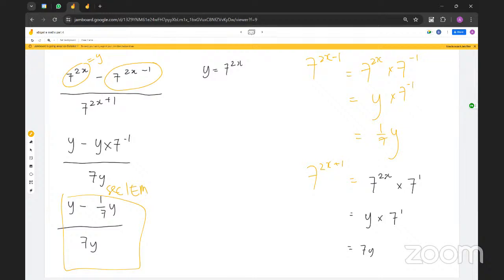Now, look at the numerator separately. What exactly is y minus 1 over 7y? Maybe you can simplify it, kind of, maybe.